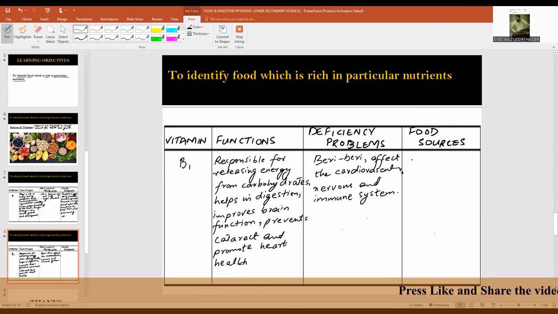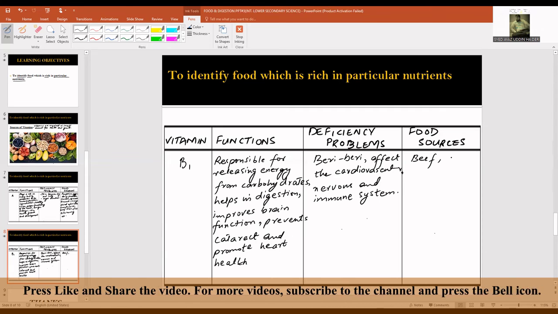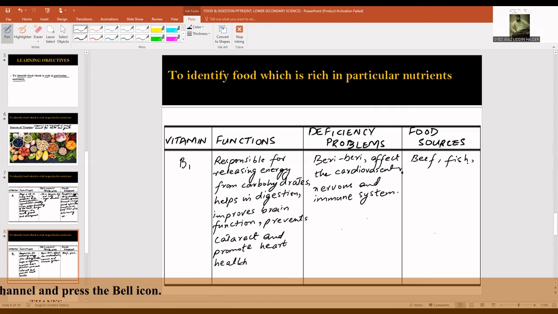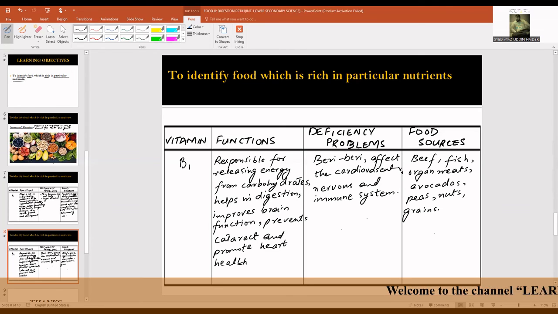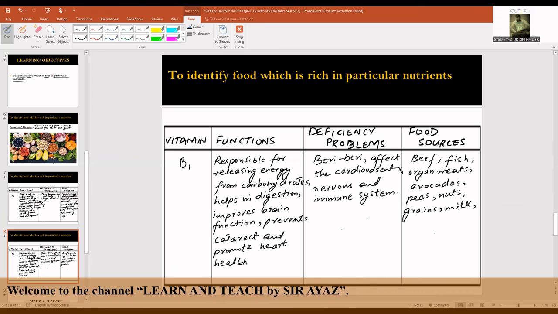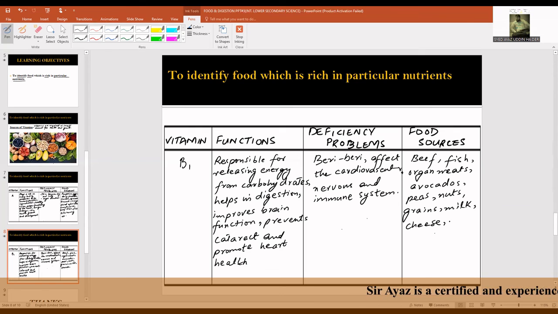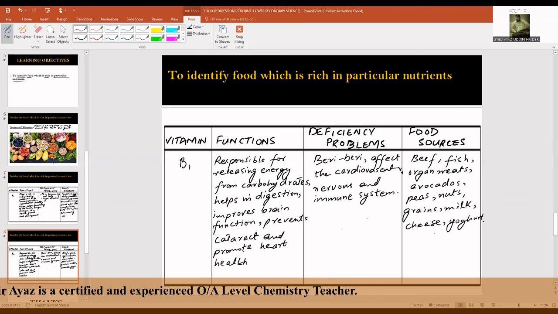Food sources include beef, fish, organ meats, avocados, peas, nuts, grains, milk, cheese, yogurt, cereals, mushrooms, etc.